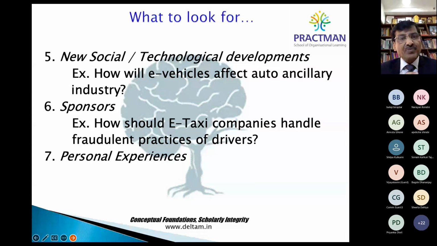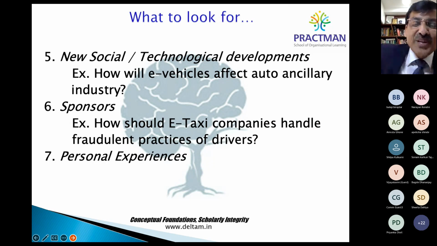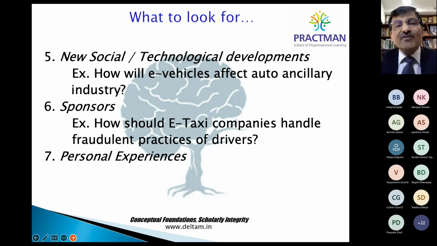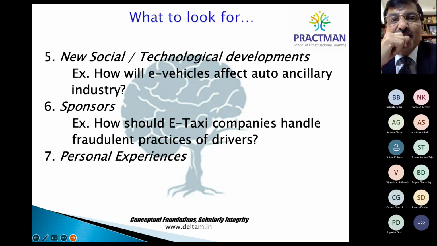Like, for example, how should e-taxi companies like Ola and Uber handle the fraudulent practices of the drivers? Some of the drivers, and all of us have experienced this, after booking the car, once they talk to you and you let them know where you want to go, they cancel the trip.